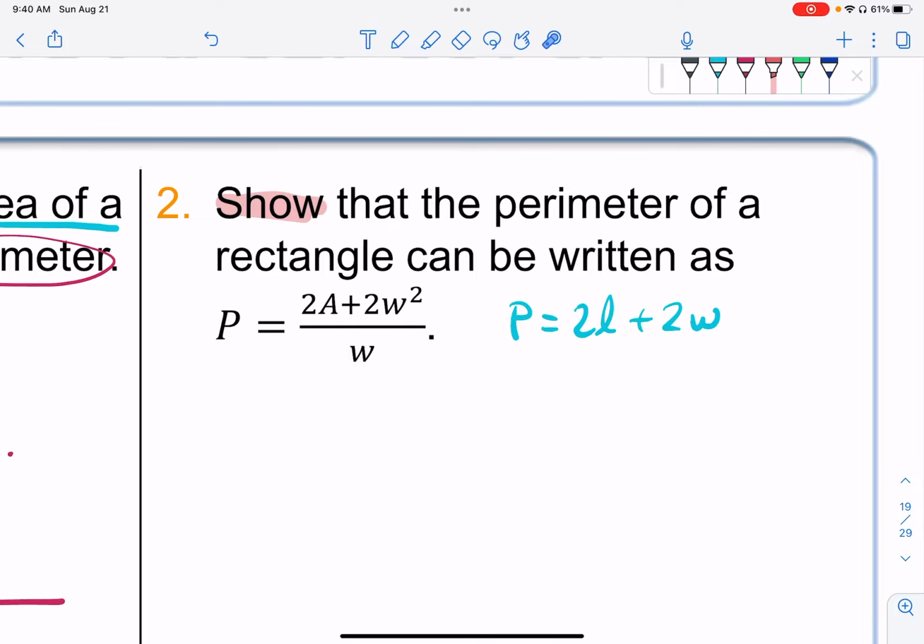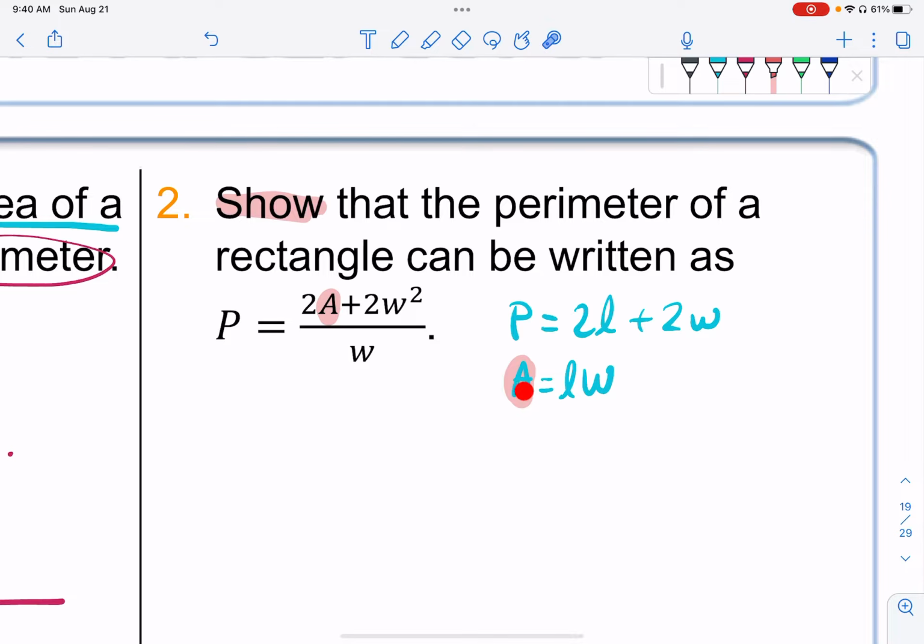And how do you calculate the area of a rectangle? That formula is length times width. And now, just like before, you'll notice these two equations now have an A in common.